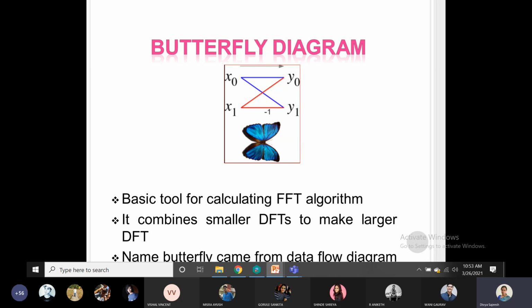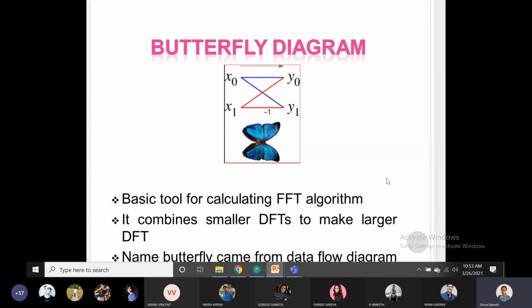How do you obtain y0? x0 plus x1, and y1 is obtained as x0 minus x1. Because the shape of the flow graph is similar to a butterfly, it is given the name butterfly diagram. This is the basic tool for calculating the FFT algorithm.